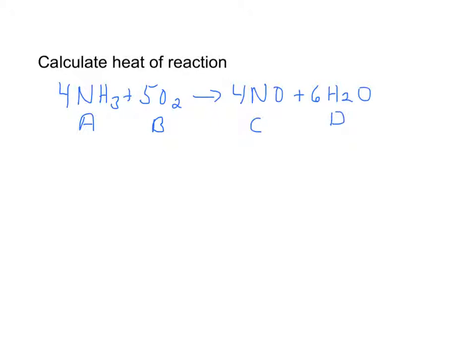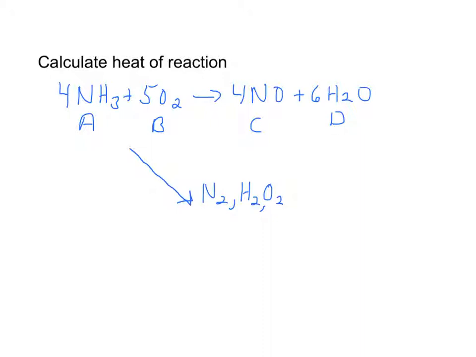And what we want to do here is create a hypothetical path involving the heats of formation. So we'll take all of our reactants and convert them to the elements as found in nature, which are N2, H2, and O2.